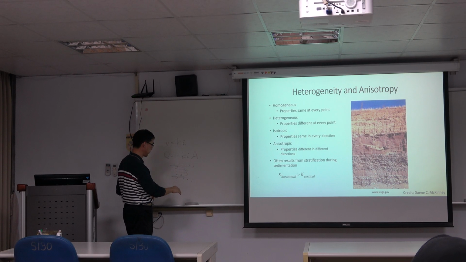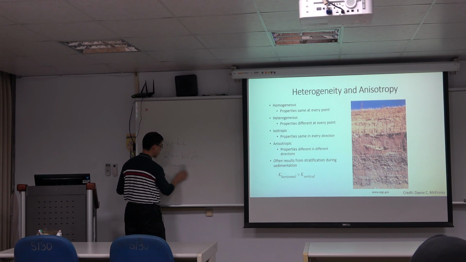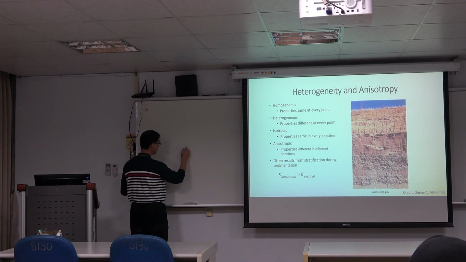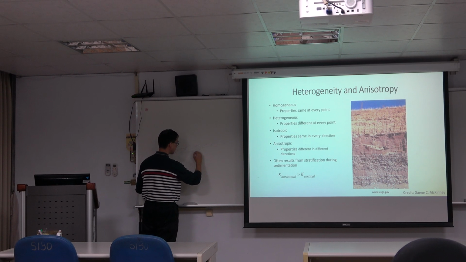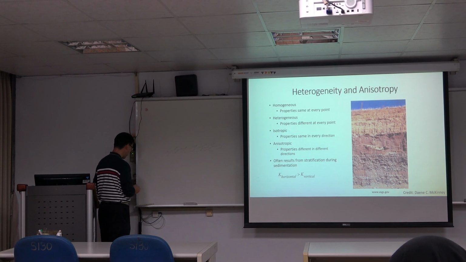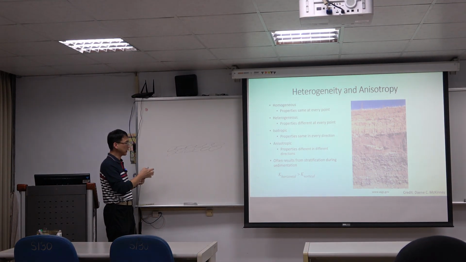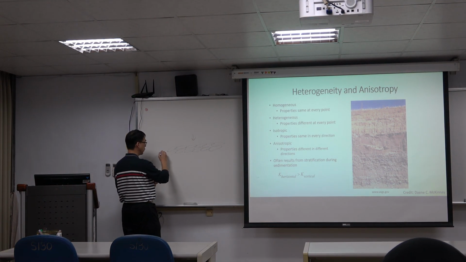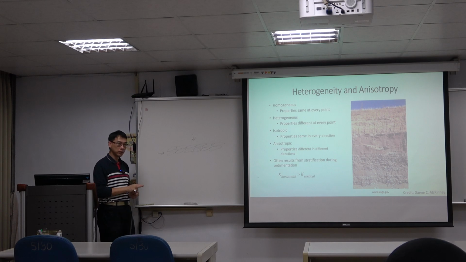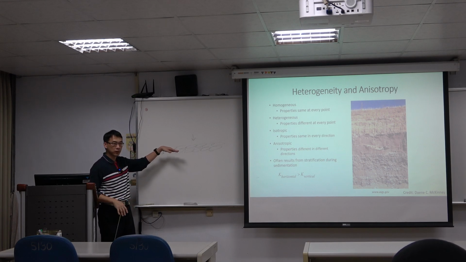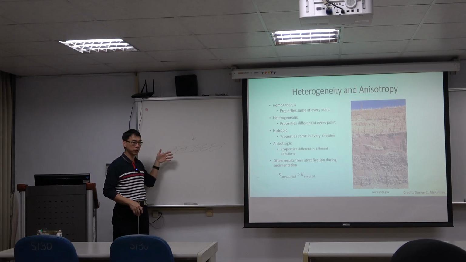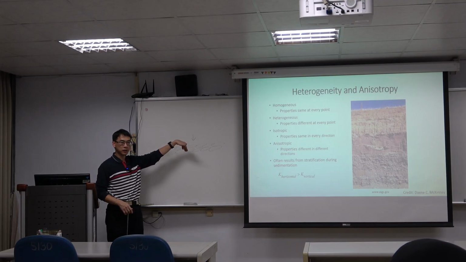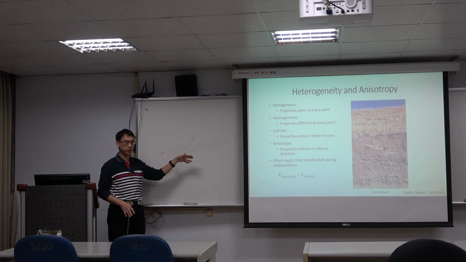For example, if your deposit is like shells or plates, if your particles are not granular, they look like this. So you can imagine that for water flowing in these two directions, the ability will be different. This one will be more difficult to flow through, but this one will be easier to flow through. So the K value here will be higher than in the other direction. So you will have what we call anisotropy.